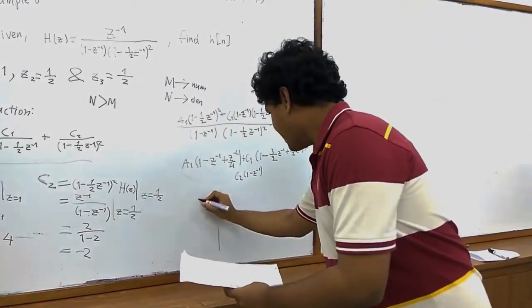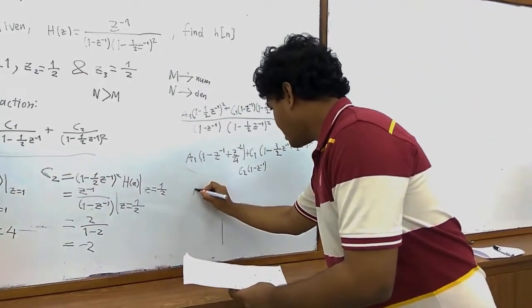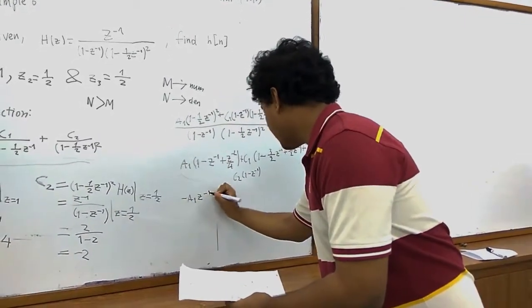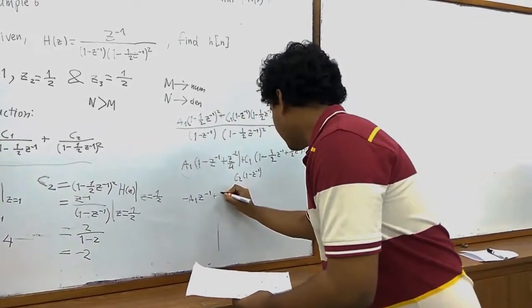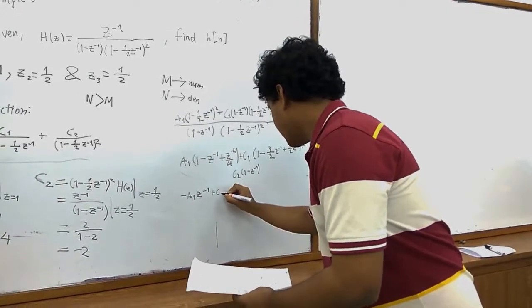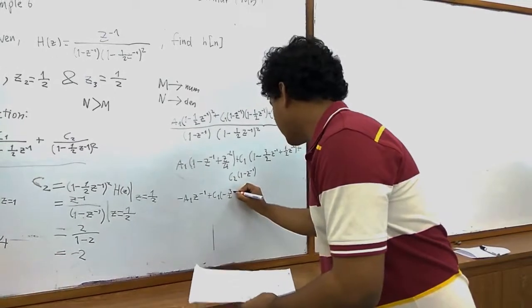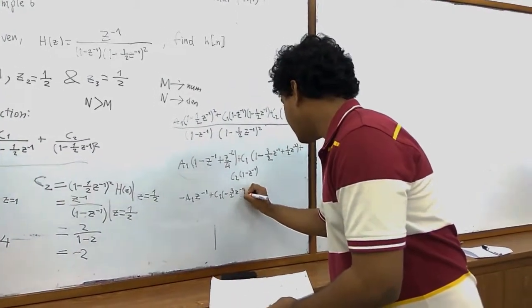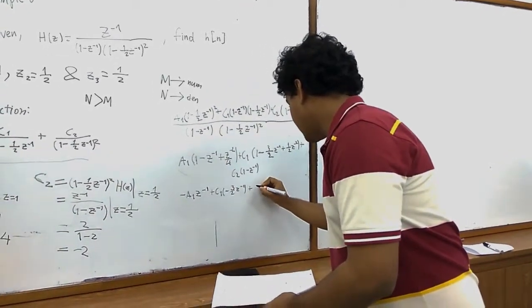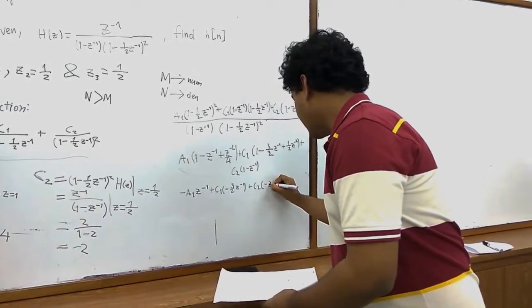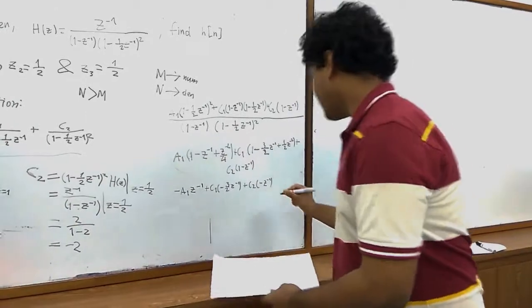So all you have is a1 minus 1 plus c1 minus 3 over 2 z minus 1 and plus c2 minus z minus 1.